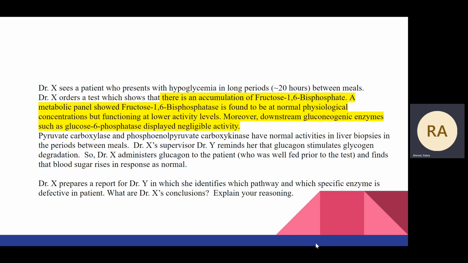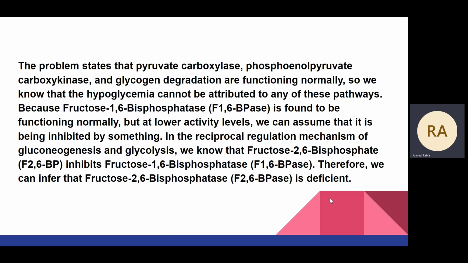So this was the question, problem 1, and we have to answer this right here. The problem states that pyruvate carboxylase, phosphoenolpyruvate carboxykinase, and glycogen degradation are functioning normally. So we know that hypoglycemia cannot be attributed to any of these pathways.